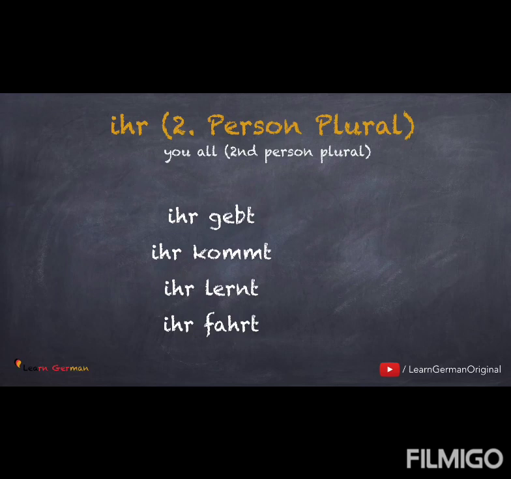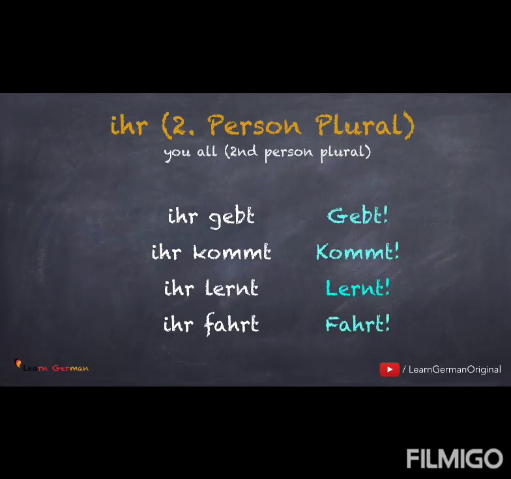While forming imperative for these verbs, you just remove ihr. That means ihr gebt will become gebt. Ihr kommt will become kommt. Ihr lernt will become lernt. And ihr fahrt will become fahrt.